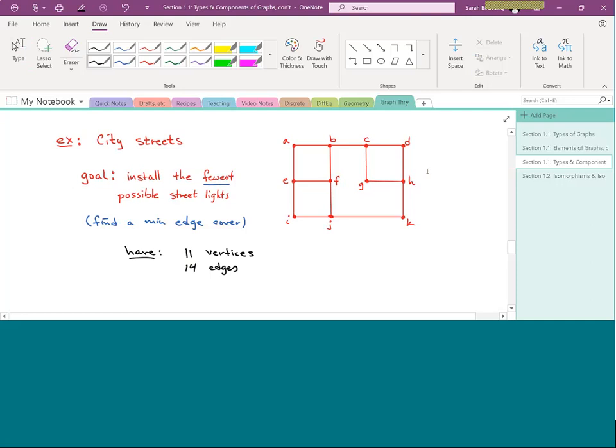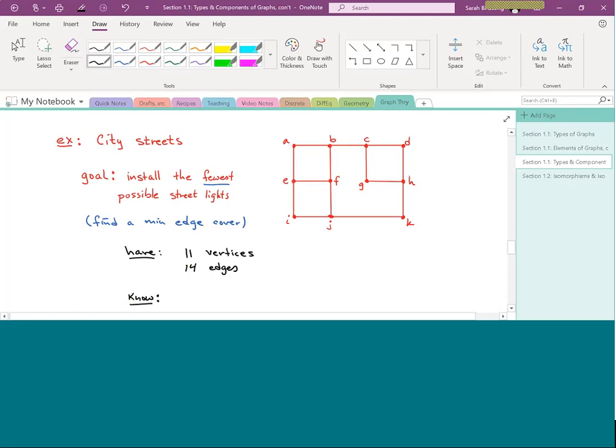Now, here's what we know for sure. I'm going to walk us through the complete logical thinking process, even though a bunch of you have already put in potential answers. If we're trying to find an edge cover, remember, this is a subset, maybe it's the full set, but at least a subset of our set of vertices.